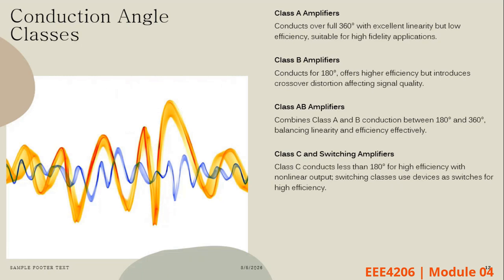And this one conducts at less than 180 degrees for high efficiency, but the linearity is affected. And it also offers what you call switching. So this is where you switch to send the signal in bits: on, off, on, off, on, off. And here you are minimizing power consumption and optimizing.